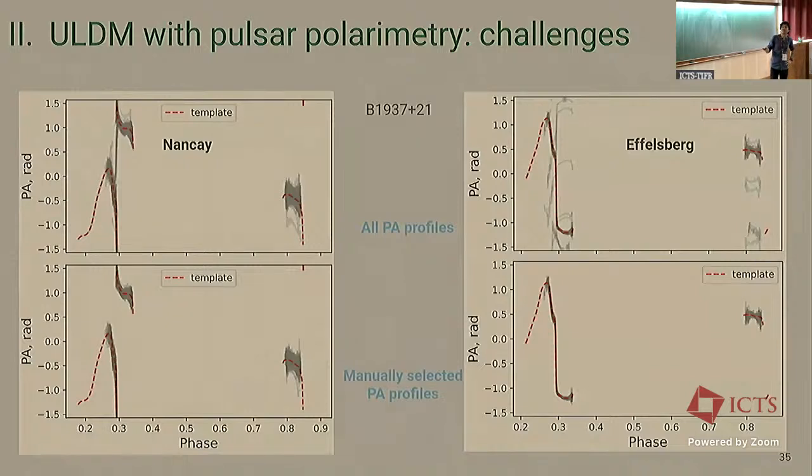The other challenge in the data is that you would expect that when you observe the same pulsar with the same telescope over a number of days or years, you retrieve the same quantities. But it so happens that someone might change a cable and switch around cables at some point, which means your PA curves, instead of looking like the familiar S shape, can suddenly become an inverse S, and then you can spend a lot of time as a young PhD student breaking your head against the wall.